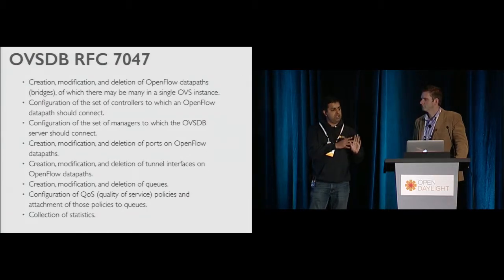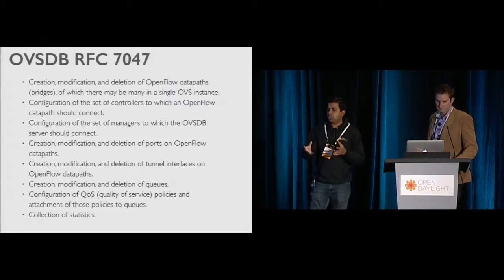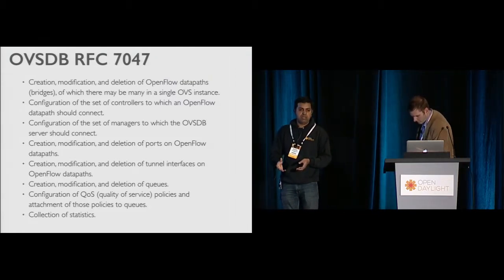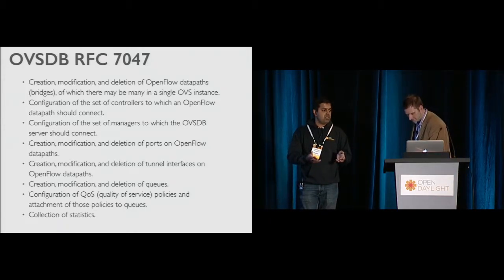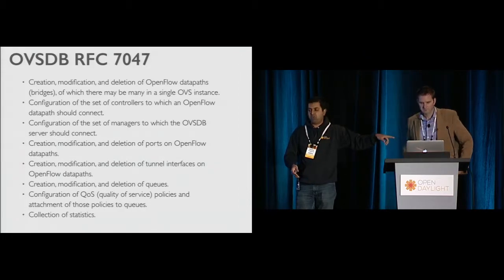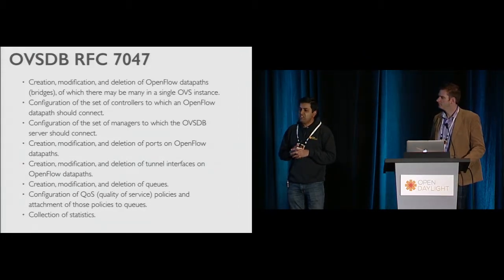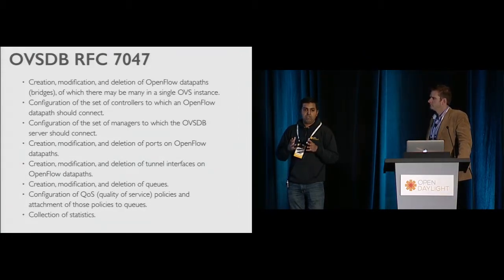The beauty behind OVSDB, as we all know today, is that it is not a hard-coded database table. It is schema-driven, and the schema is exposed based on the RFC. If you look at RFC 7047, it doesn't dictate any schema. OVSDB, of course, has one of its primary uses on the OpenVSwitch.